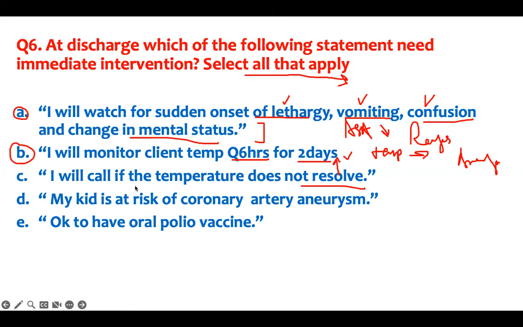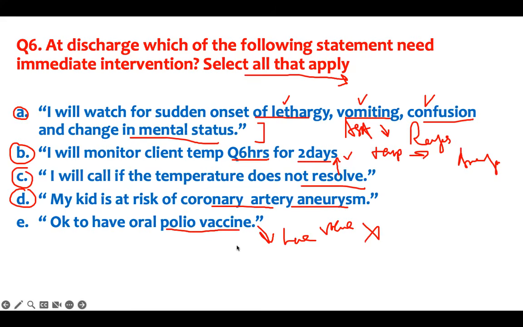Yes, related to that. My kid is at risk of coronary artery aneurysm. Yes, that's why we want to control the temperature. Okay to have oral polio vaccine? This is a live vaccine. Therefore, no, negative. You can't have it. You get sick. So we cannot have it.